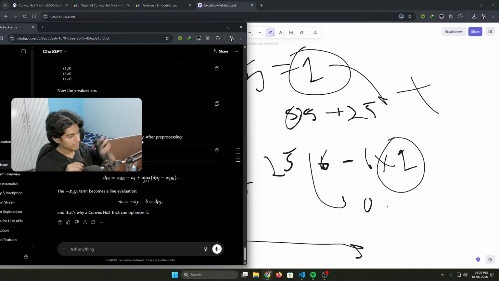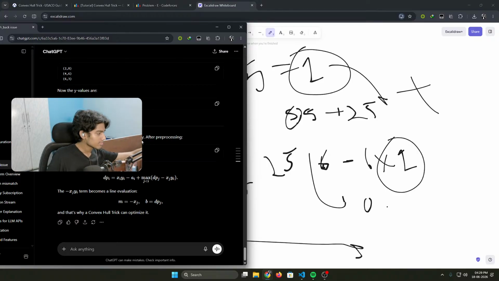I see. Okay, then what you do, like this is the area, and then you will try to reduce the extra part.